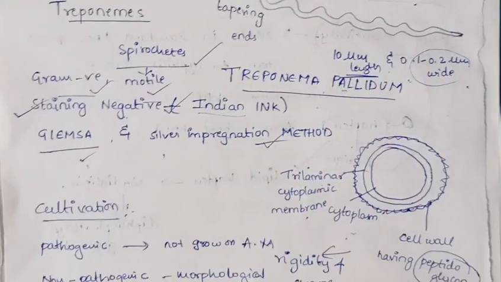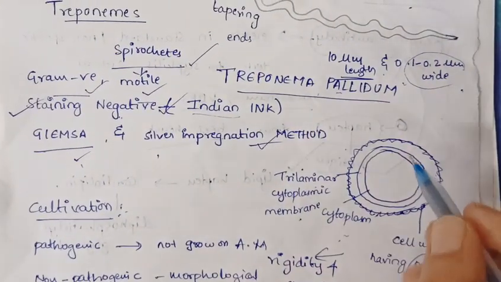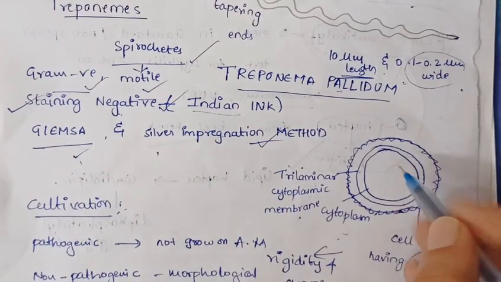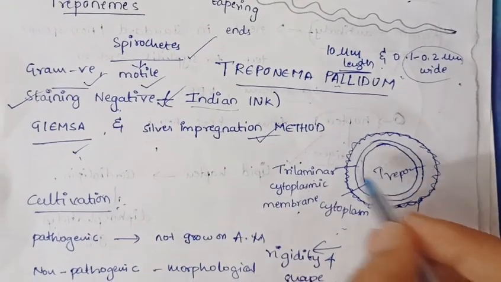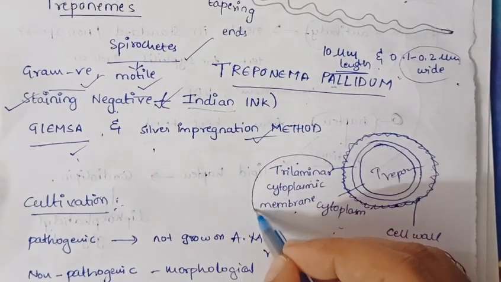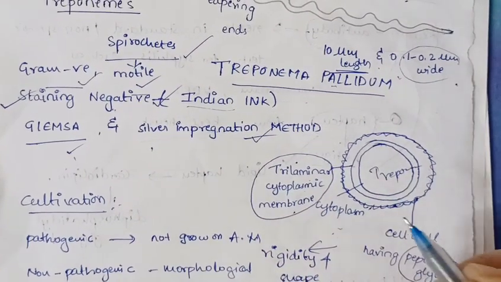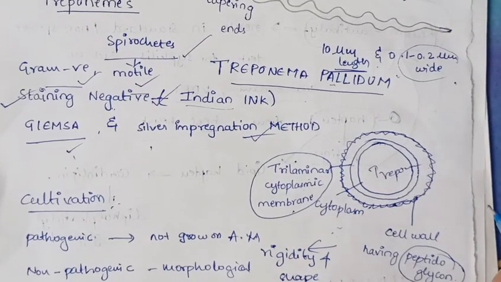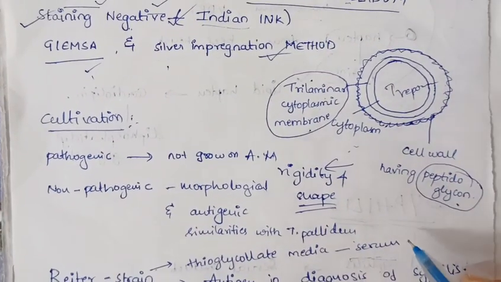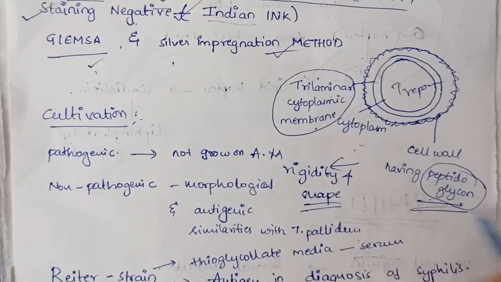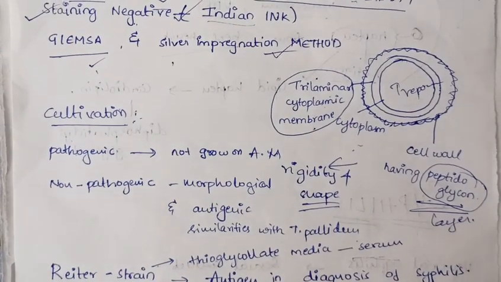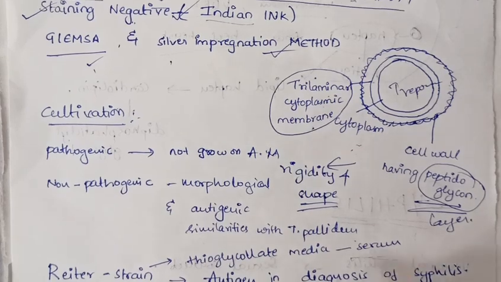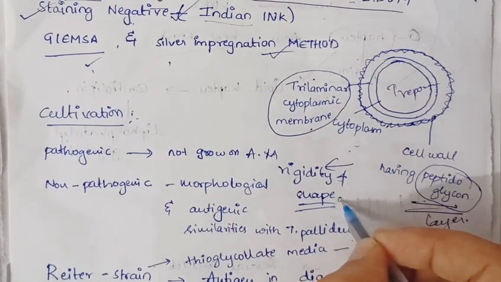Coming to its internal structure, the cytoplasm of these treponemas is surrounded by a trilaminar cytoplasmic membrane, which is also surrounded by a thick cell wall made up of a peptidoglycan layer, and this peptidoglycan layer aids in the rigidity and shape of the organism.